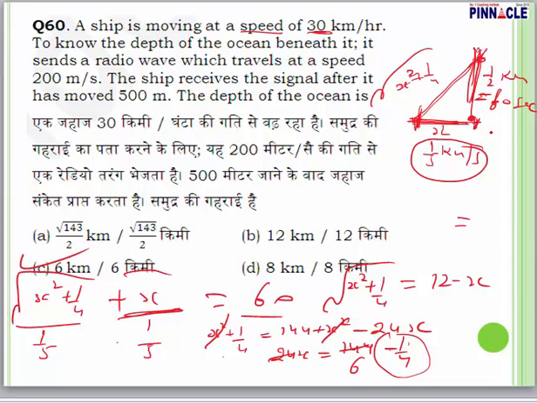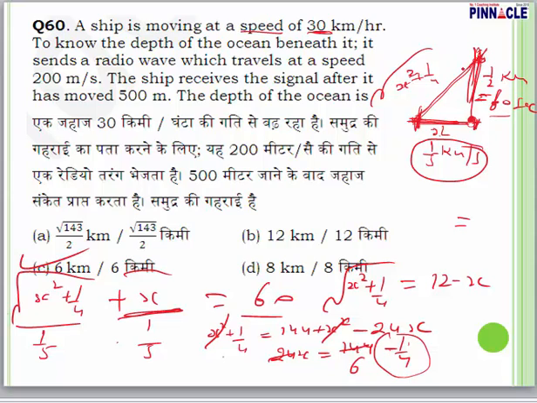What we have done in this question, this is a little bit difficult question, understanding of this question is a little bit difficult. This is the total distance traveled by the ship when the ship sends signal from here to the depth side. This is depth, and this depth is x we have taken. Then after 60 seconds, this receives the signal.